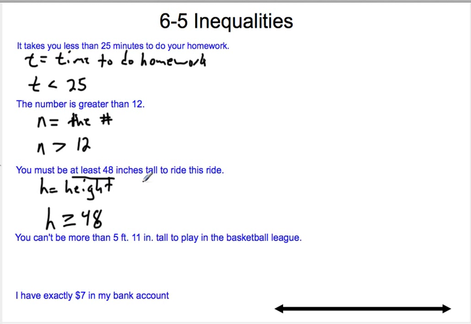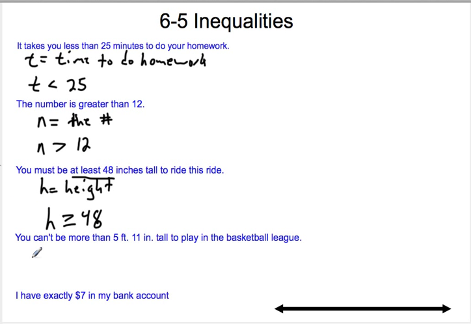There we go. And here, when you're an adult, or maybe even at college age, they have basketball leagues you can sign up for. And some of the leagues have a height requirement, meaning you cannot be a certain height or above. So in this league, you can't be more than 5 feet 11 inches tall to play in this basketball league, because they don't want people dunking on them or something.